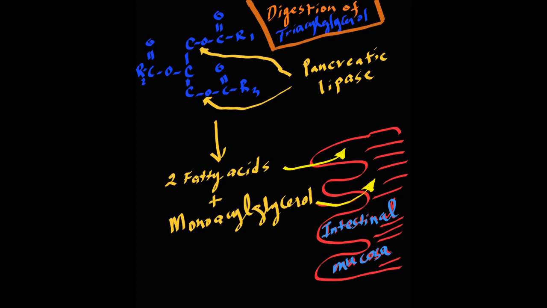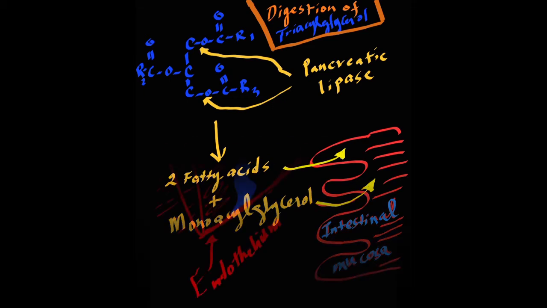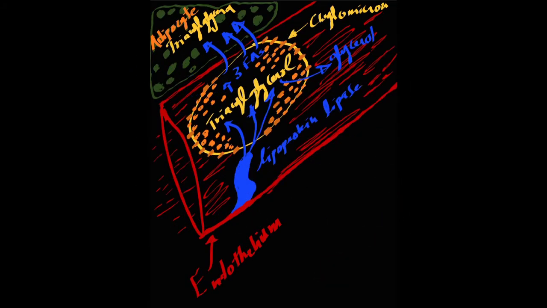This chylomicron will then be released from the intestinal mucosa into the bloodstream, and it will provide dietary lipids through circulation to various peripheral tissues.